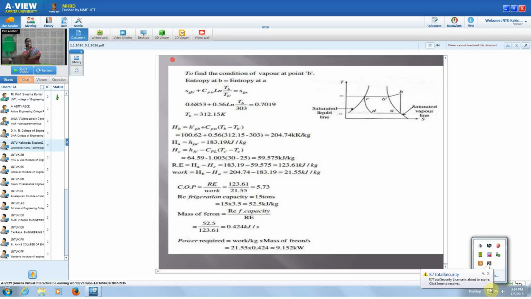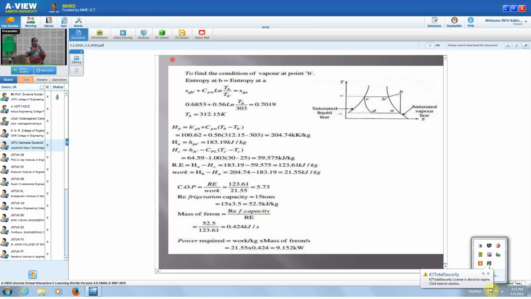That should be equated to the entropy at B, which is 0.6853 plus Cp of vapor into ln of T superheating by T saturation.